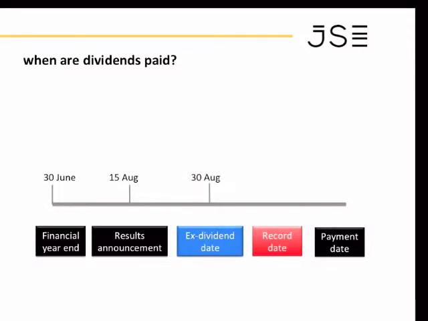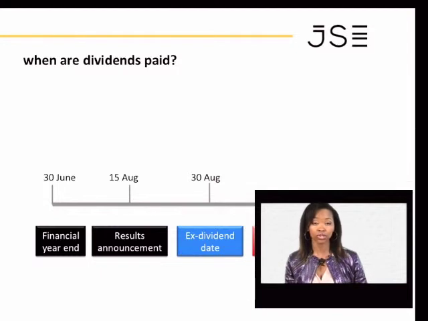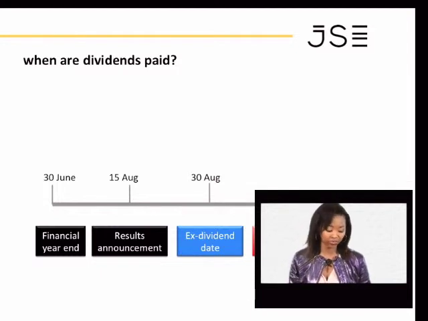And the ex-dividend date is the 30th of August. If you want to buy that share and still earn the dividend, you'd need to do it before the 30th of August. Otherwise, if you buy the share after the 30th of August, you don't qualify to get that dividend.